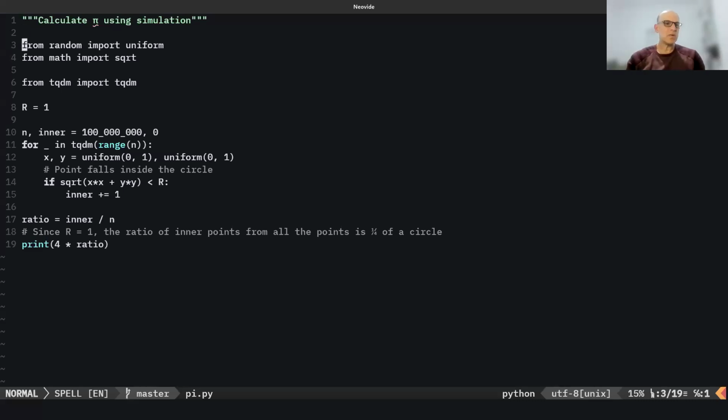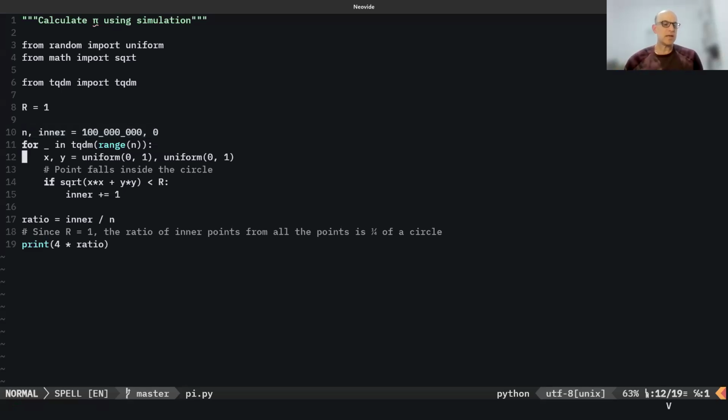Again, we're going to import, this time, uniform from random, and then sqrt. And this is going to run for a bit, so I'm going to display a progress bar with something called tqdm. And then the radius is 1. And we have n, which is the number of iterations, which is 100 million. And inner is the number of points that are inside the circle, which I'm going to start with 0.